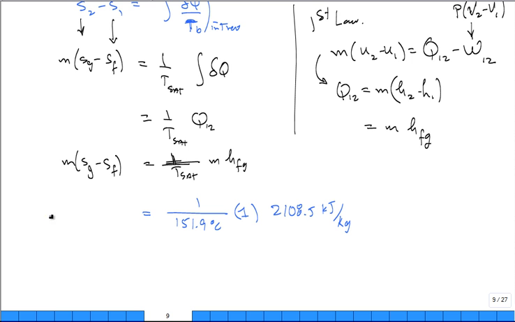And you then put the 1 kilogram over here for the mass, 1 kilogram here. That really cancels on both sides. And you can then get s_fg from this relationship. I made one error on purpose. What's my error? I need that temperature in Kelvin.